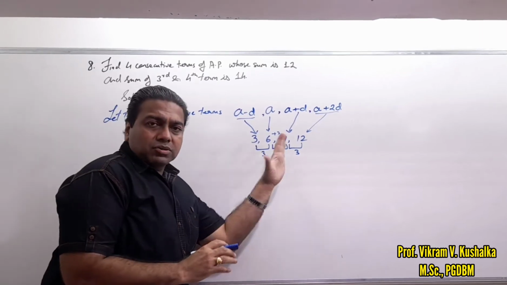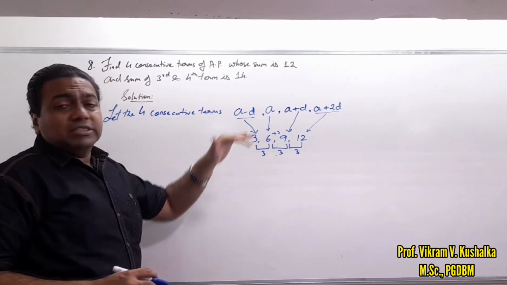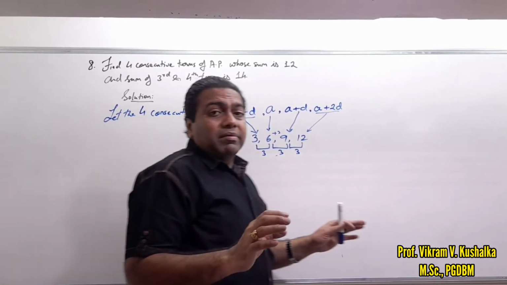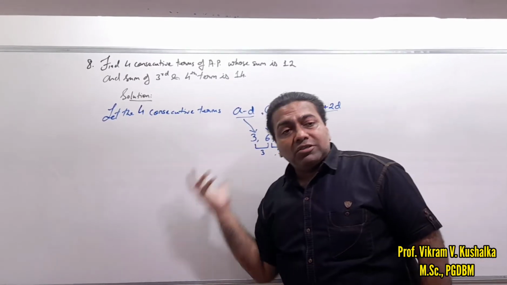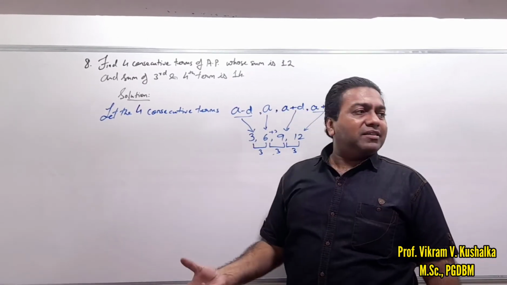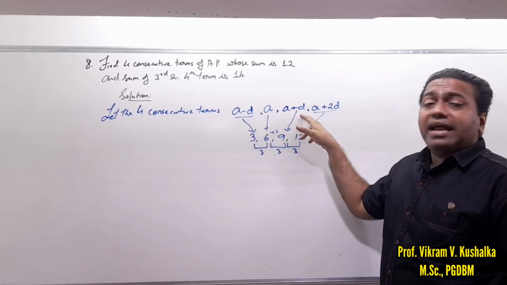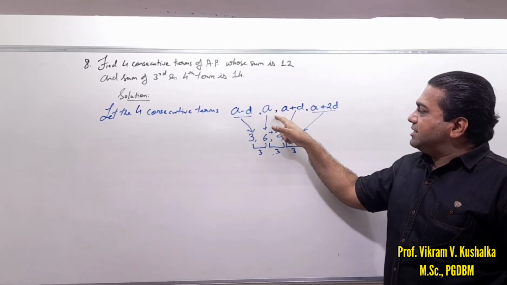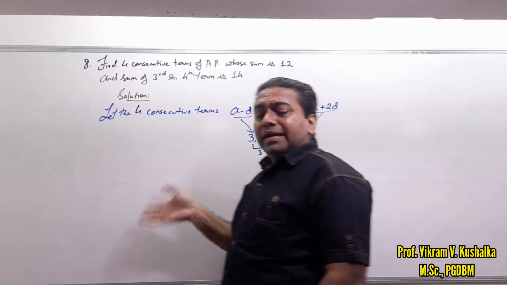That's how simply we take 4 consecutive terms in an AP. In short, if in the exam they ask you to find 3 consecutive terms, we take A minus D, A and A plus D. If they ask 4 consecutive terms, then A minus D, A, A plus D and A plus 2D. This is what you need to remember and understand.